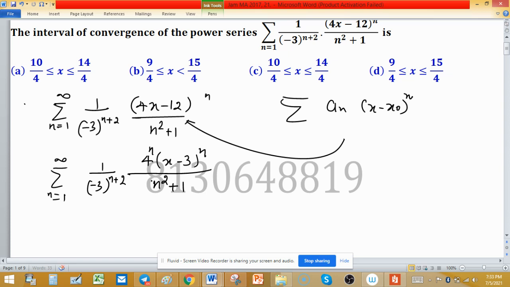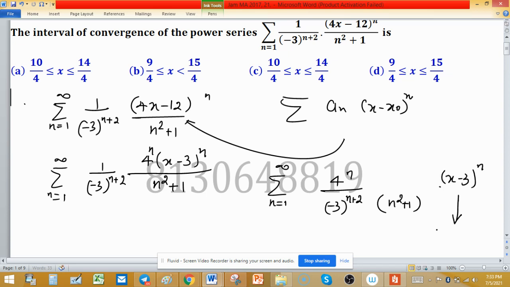So I write this reduced series in a good looking form: sum n equal to 1 to infinity, 4 raised to the power n over (minus 3) raised to the power n plus 2 and n square plus 1, times (x minus 3) raised to the power n.